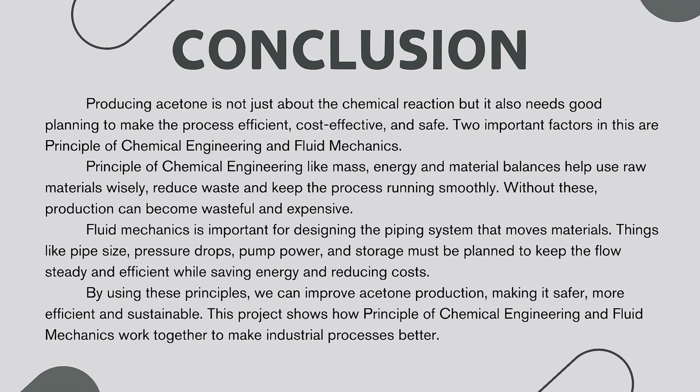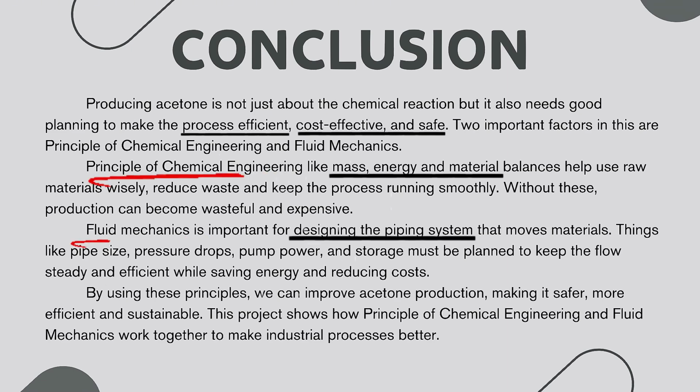Producing acetone is not just about the chemical reaction, but it also needs good planning to make the process efficient, cost-effective, and safe. There are two main factors, which are principles of chemical engineering and fluid mechanics. For the principles of chemical engineering, there are three main aspects, which are mass, energy, and material balance. Without all of these things, the production can become wasteful and expensive. Fluid mechanics is very important because it helps us design the piping system that moves the materials.